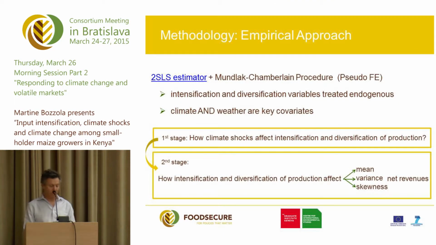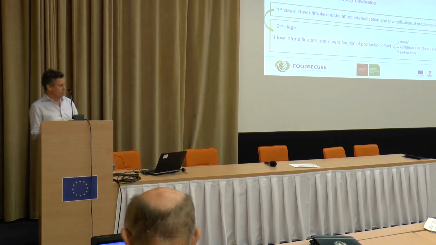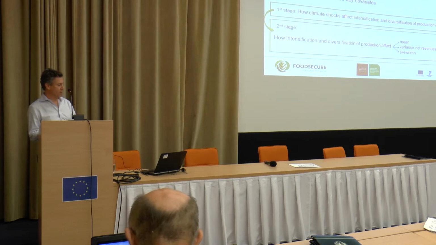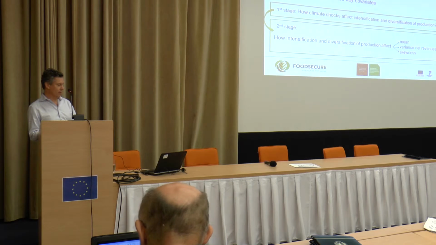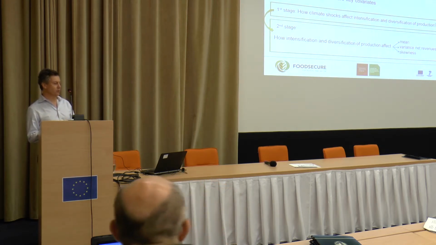So the empirical approach is a two-stage procedure following the Mundlak-Chamberlain method, a pseudo fixed effects approach, as it's sometimes termed. In the first stage, the intensification and diversification decisions of the farmer are treated as endogenous.